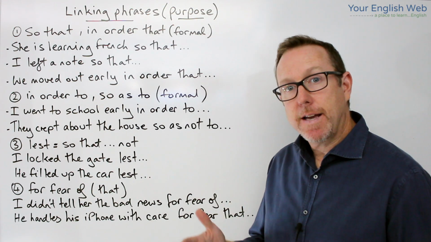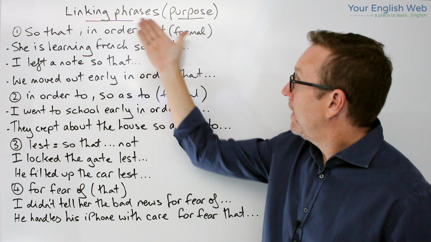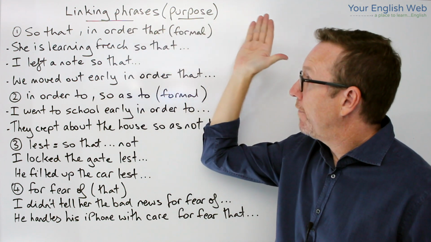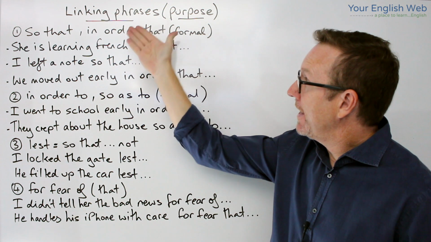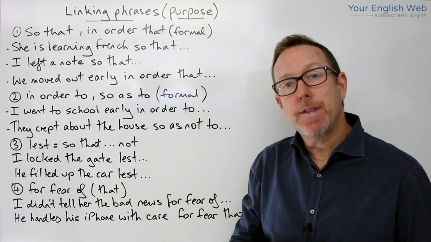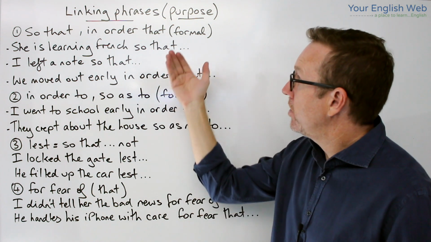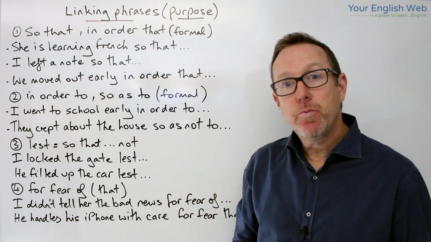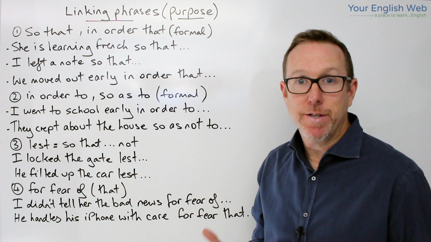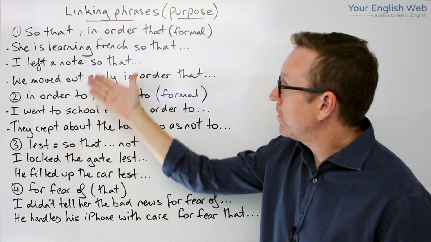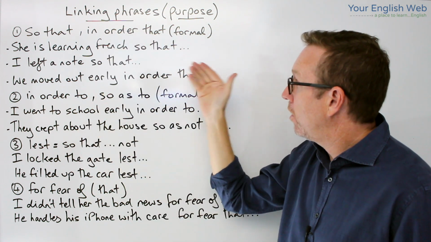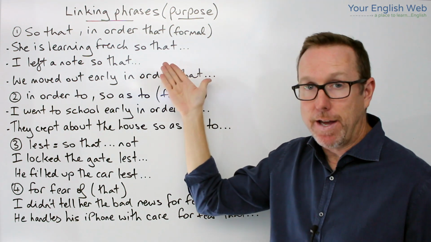Now, as I said, today's lesson is looking at linking phrases that we use for purpose. The linking phrase introduces the subordinate clause. Okay, so the conjunction or linking phrase introduces the subordinate clause in the sentence. So we have the main clause and then we have the subordinate clause that comes after the linking phrase.